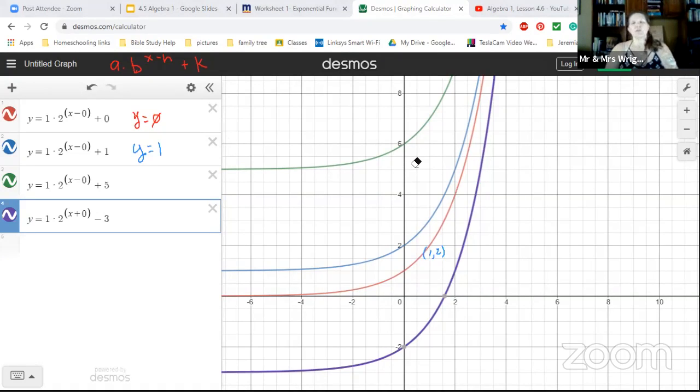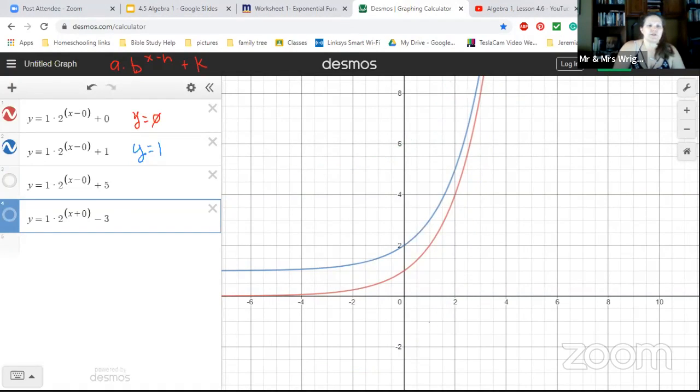Now, there's 2 ways to graph any of these graphs with all these changes. One of the ways is starting with your original equation. So say you had your original equation of y equals 2 to the power of x.